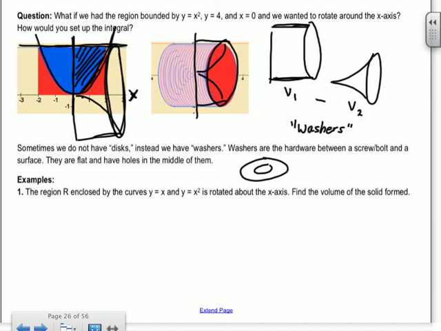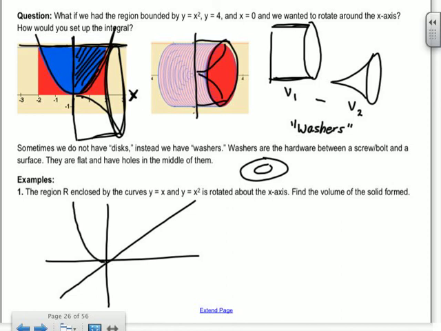All right, so number one. The region R enclosed by the curves y equals x and y equals x squared is rotated about the x-axis. So we have this piece right here, and it's going to be rotated around x.